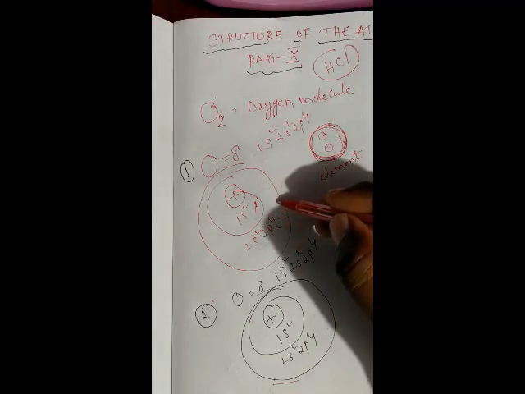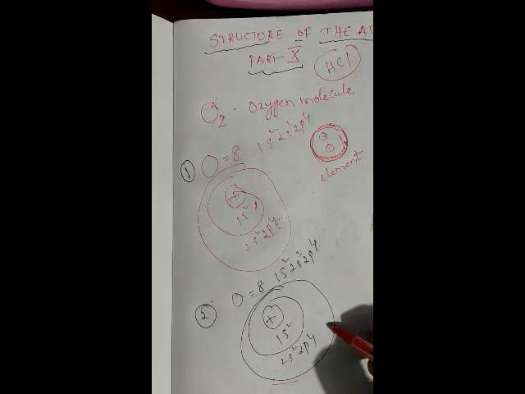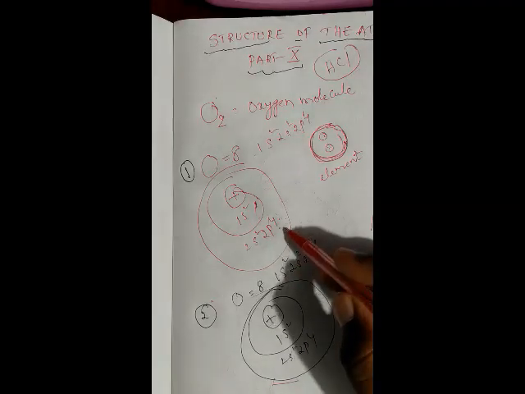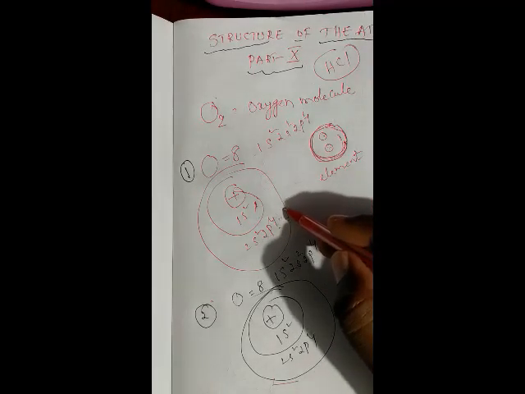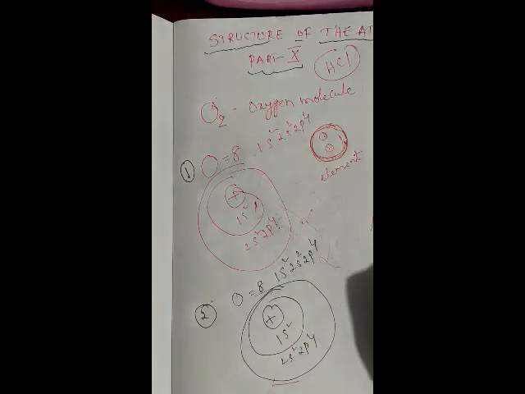Okay, for example, if this first oxygen atom transfers two electrons to the second oxygen atom, then 4 plus 2, 6, 2 plus 6, 8. The outermost orbit contains 8 electrons, then it will become stable, but the first one remains unstable. So that's why transfer of electrons from the first oxygen atom to the second oxygen atom is not possible.